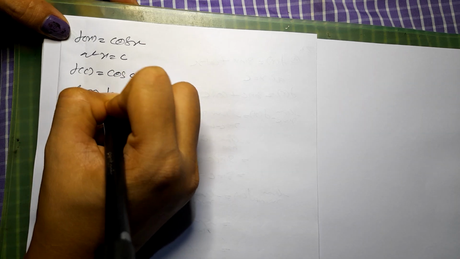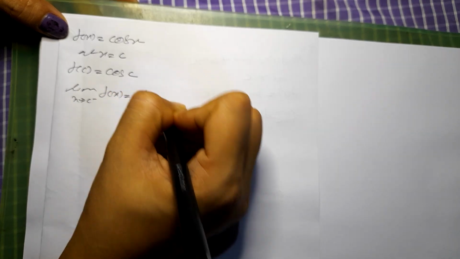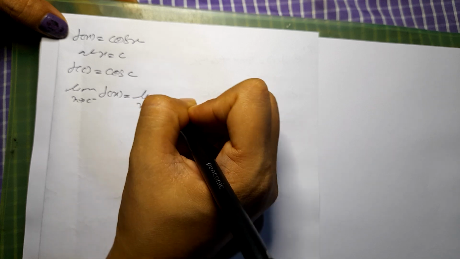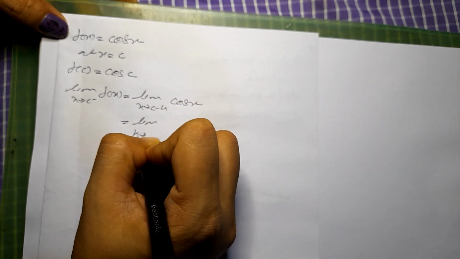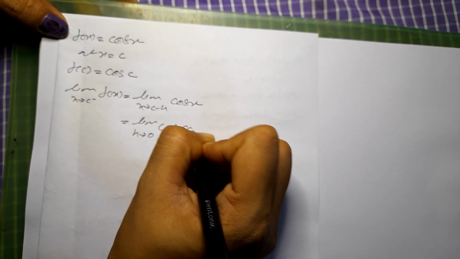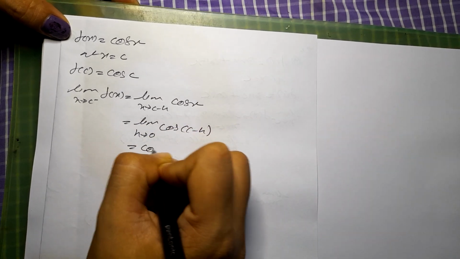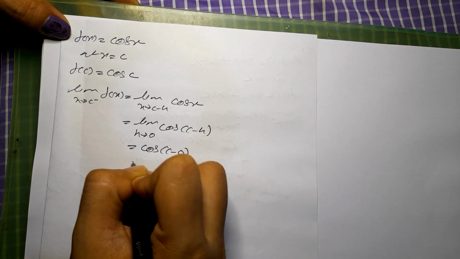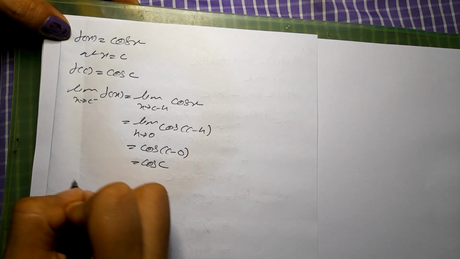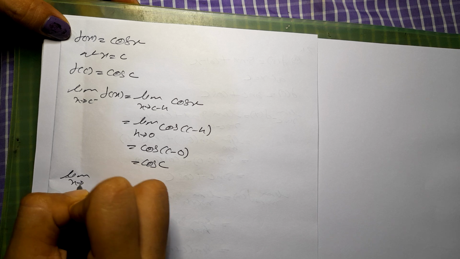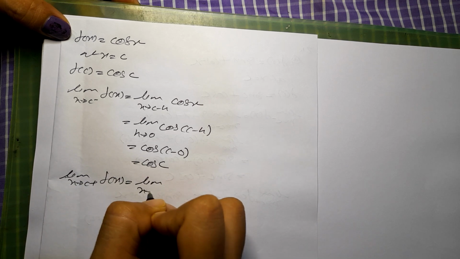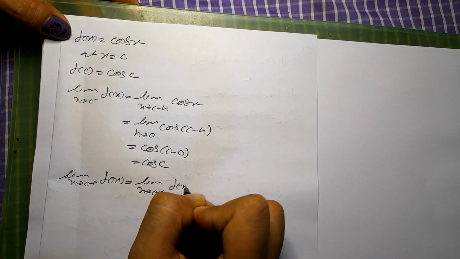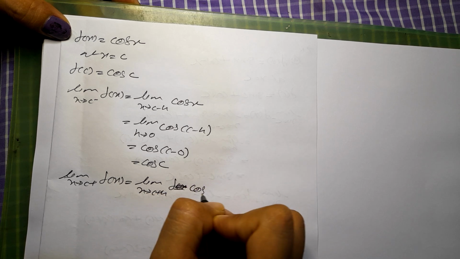Now left hand limit, limit x tends to c minus of f(x) is equal to limit x tends to c minus h, the function is cos x. Limit h tends to 0 of cos(c minus h), now it will be cos(c minus 0), so that is cos c. Now right hand limit, limit x tends to c plus of f(x) is equal to limit x tends to c plus h, and instead of f(x) it will be the function cos x.